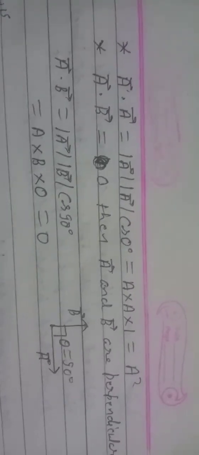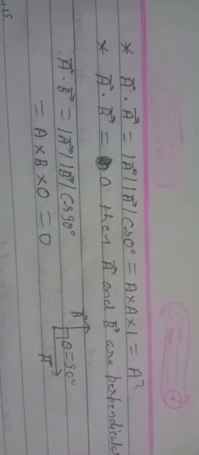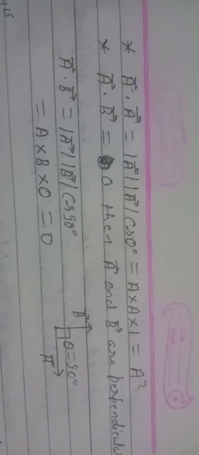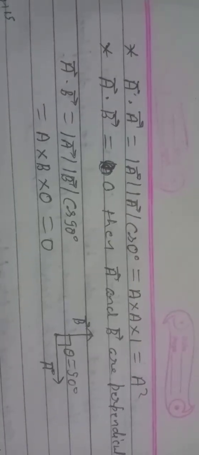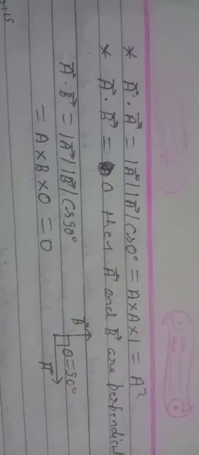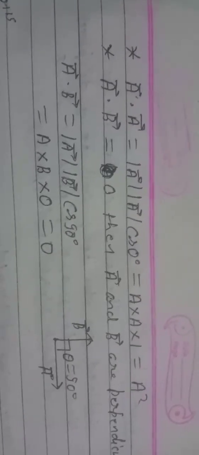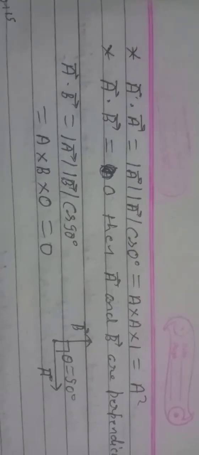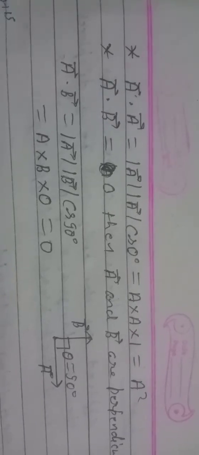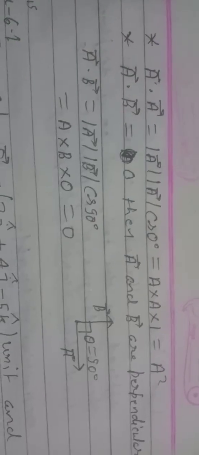Now some important formulas. We have a vector dot a vector equals mode of a vector into mode of a vector into cos 0, because the angle between the same vectors is 0. So a dot a equals a into 1 equals a square, and i dot j equals 0.